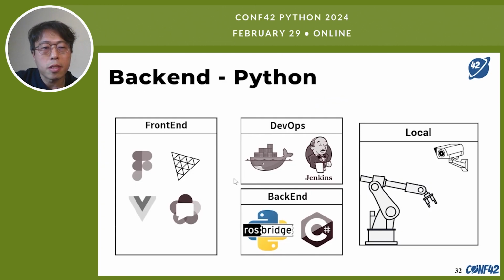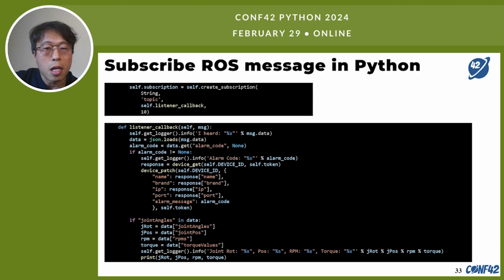On the backend side in Python, we also need to subscribe to the topic in the ROS cluster. So we see how the backend side subscribes. We use create subscription here to the same topic, the same on both the front end side and the back end side.